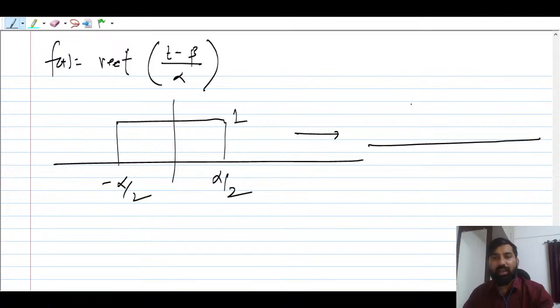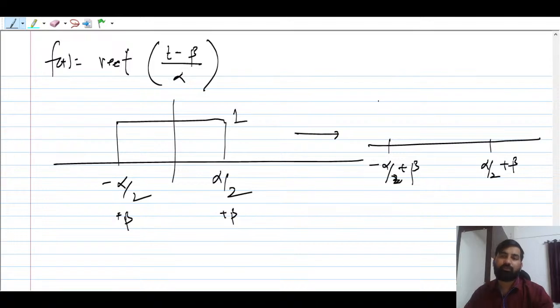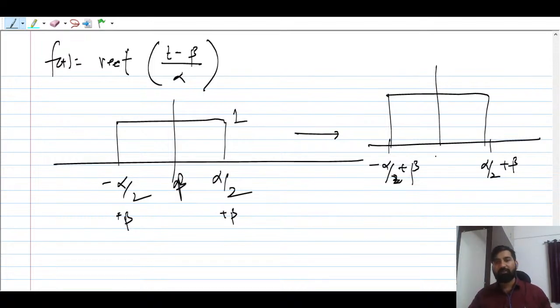The shifting will happen like this, you just have to add beta here. So it will be minus alpha by 2 plus beta, and this is alpha by 2 plus beta. And this will be at beta. Centering will be at beta, right? I hope this makes sense.